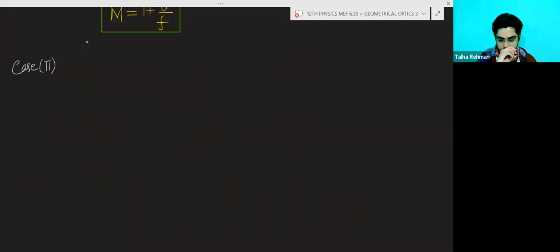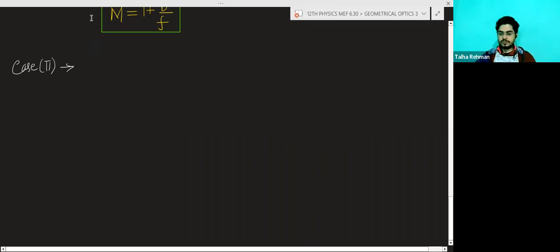Now case number two: for normal adjustment or the relaxed eye. When your eyes are relaxed and the adjustment is normal, the final image is formed very far from our eyes.